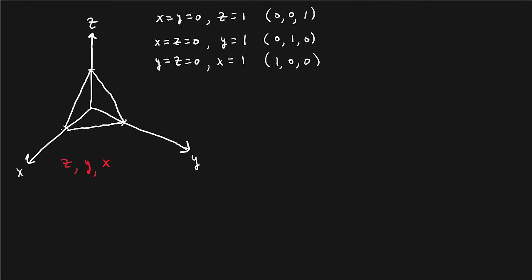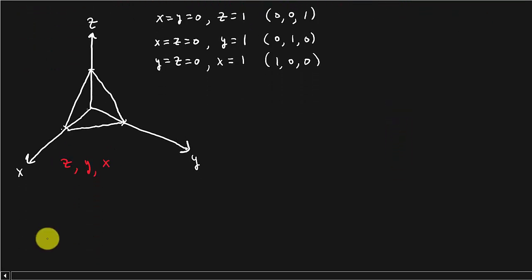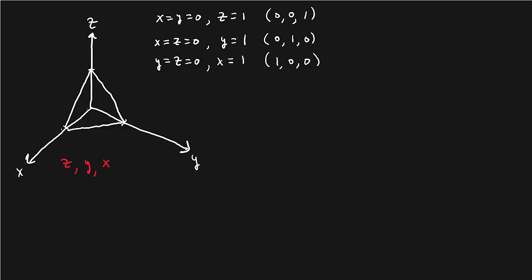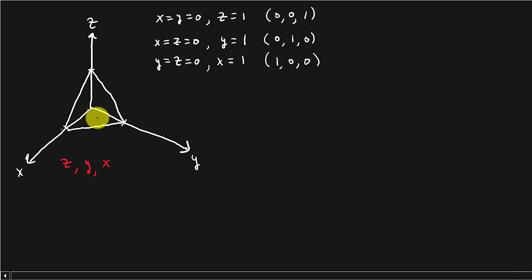All right, so I'm integrating with respect to z first. So I've got to get the bounds for z. So for z, I'm going from z equals 0 up to this plane here. See, this looks like a triangle, to this plane.